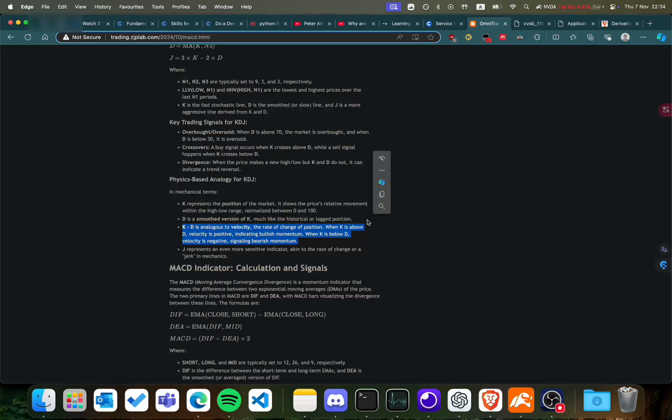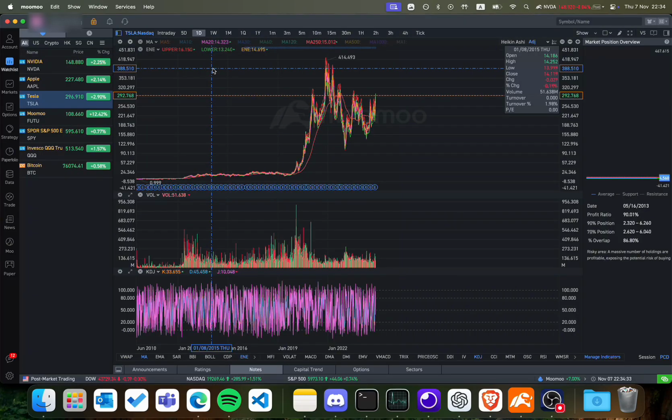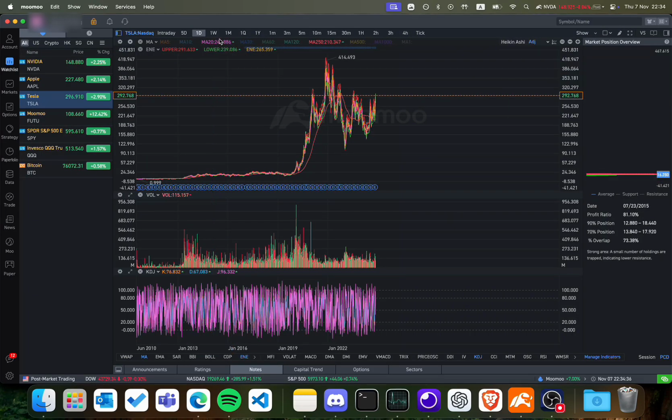Let's take an example. Maybe I can think of Tesla. Trump just won the presidency, and Elon Musk was a big supporter and will be a beneficiary of Trump's win.